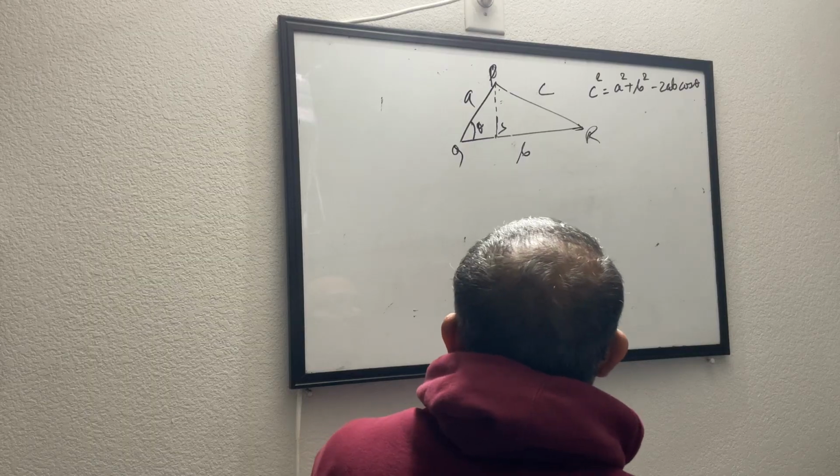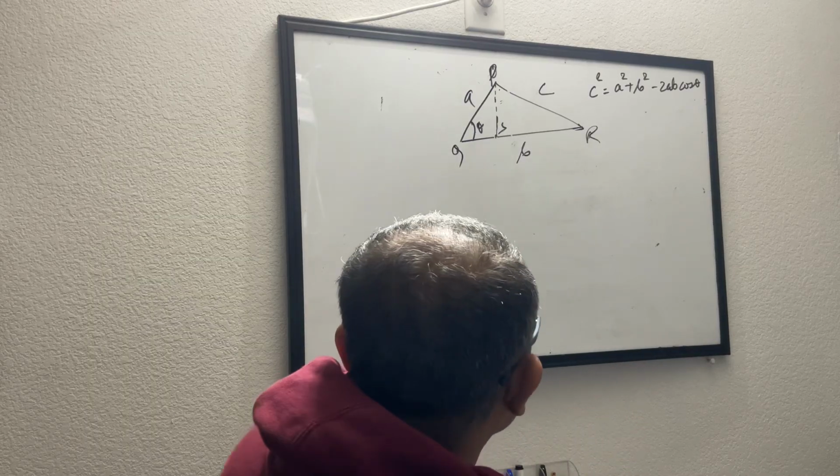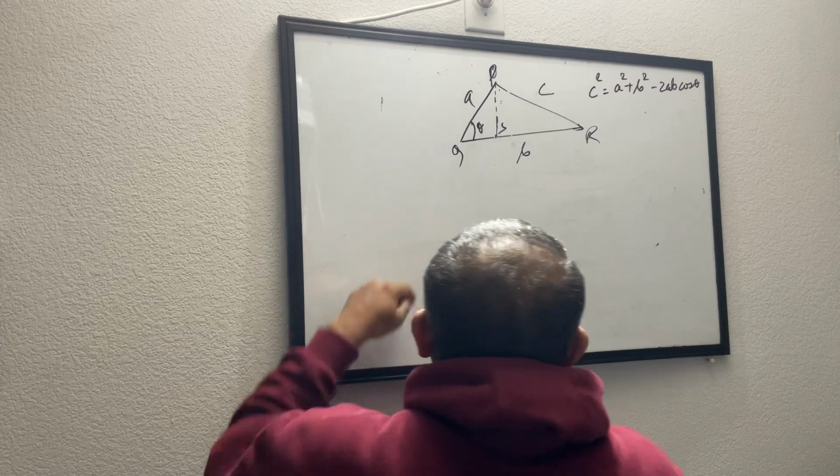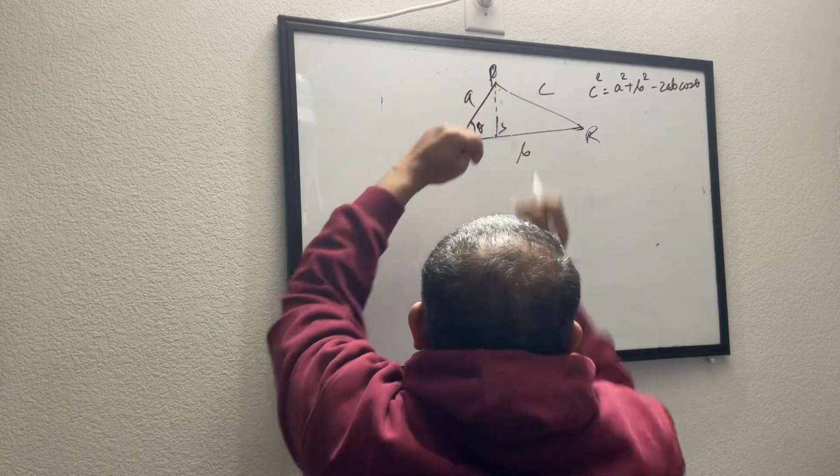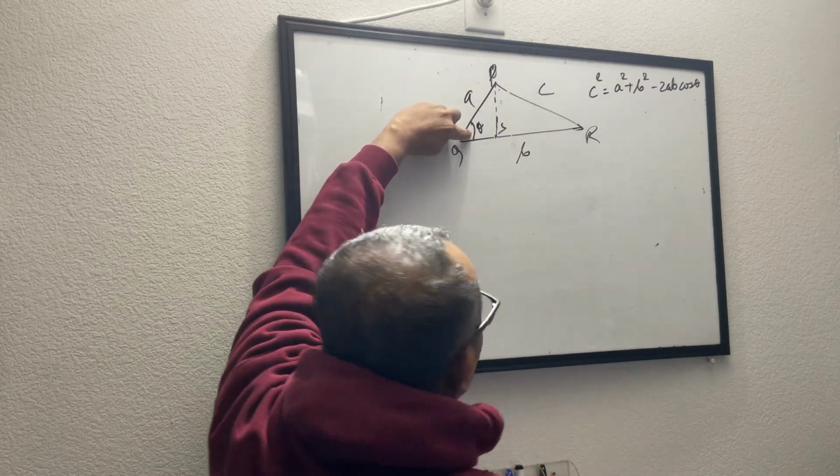Let's look at it. So, in this right angle triangle, what is the value of cos theta?